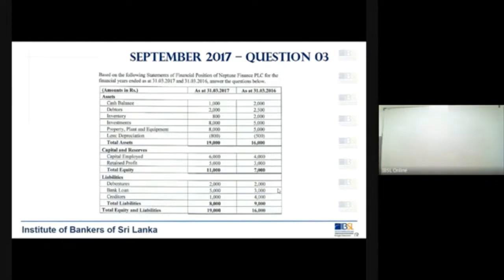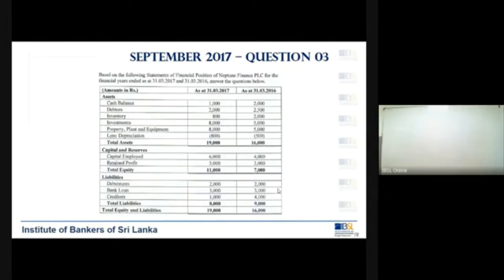You can see that there are assets, there is capital or equity, and there are liabilities. But there is no distinction between current asset and current liability. It is up to you to decide what to classify as current asset or current liability.